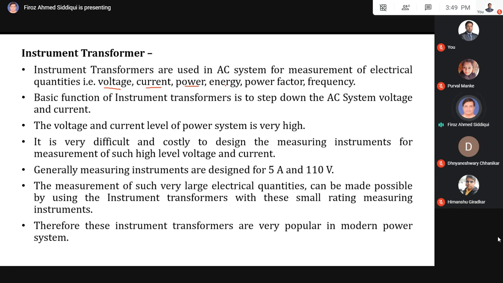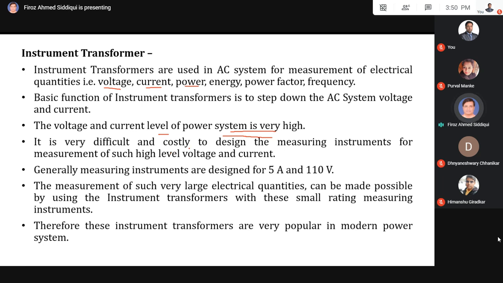So in order to measure the voltage, current or power, you need to step down the voltage or current. The voltage and current level of the power system is very high, right? In order to measure it we have to step it down.